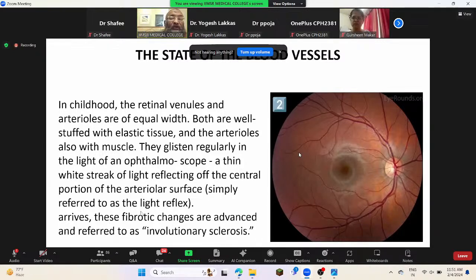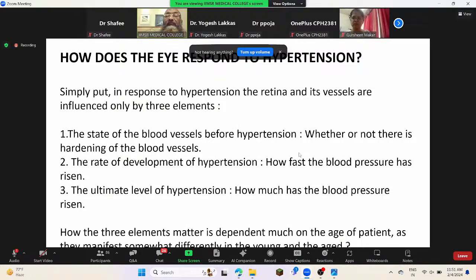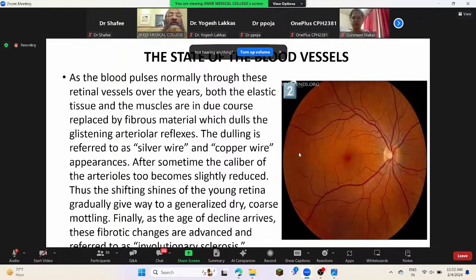As old age arrives, these fibrotic changes advance and are referred to as involutionary sclerosis. The blood pulses normally through these retinal vessels over the years.